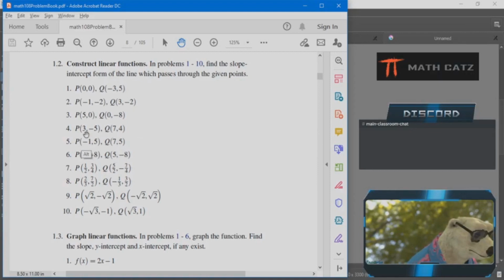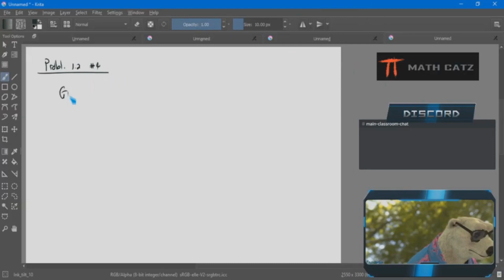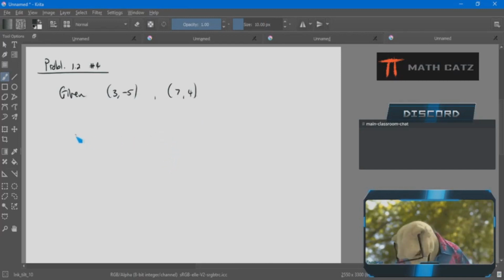Number 4, I have 2 points, 3, -5, 7, 4. Let me just double check. I did read it just now, but so easily I can mix it up. Okay, so again, it's 2 points, so I should use the point form.